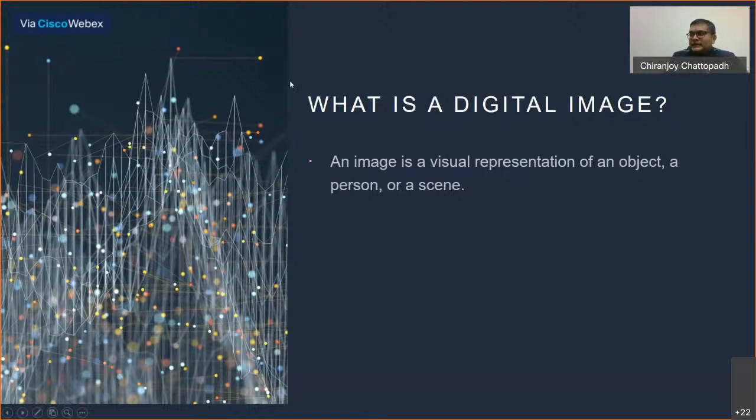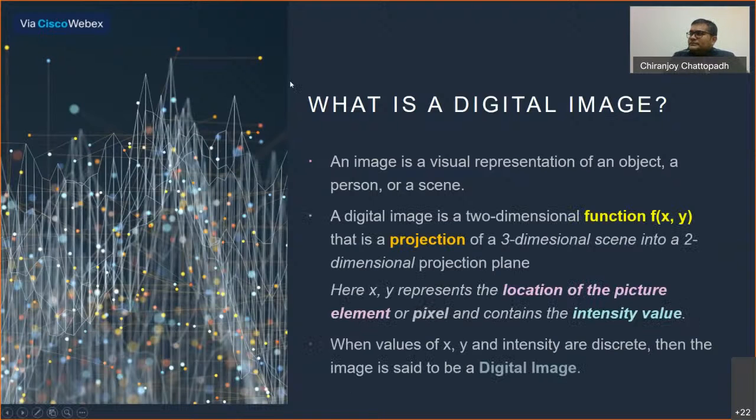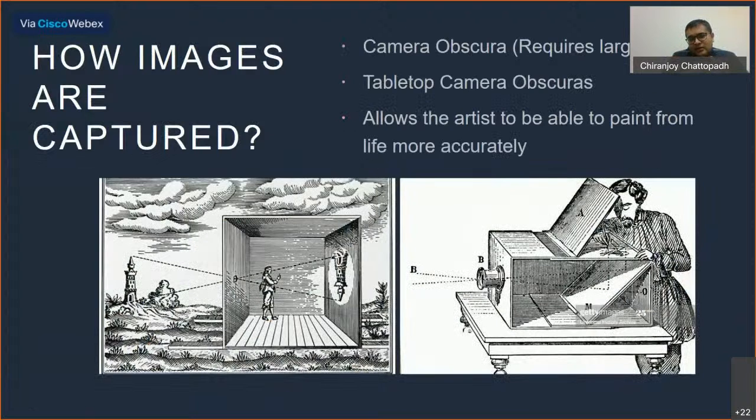If we go back to the olden days, when images were captured, you see in the slide the concept of pinhole cameras, where the reflection of an object comes onto a wall or a screen, and then the artist used to draw upon it.